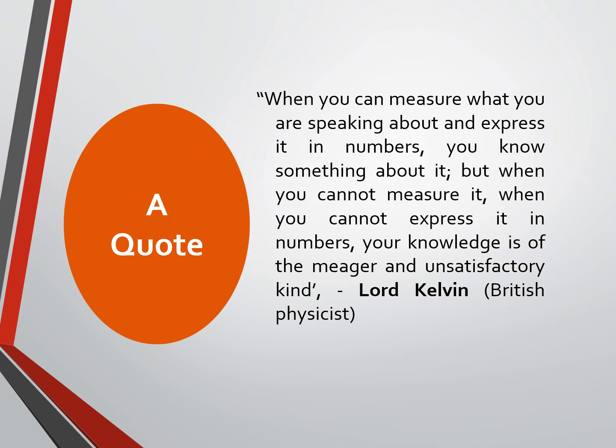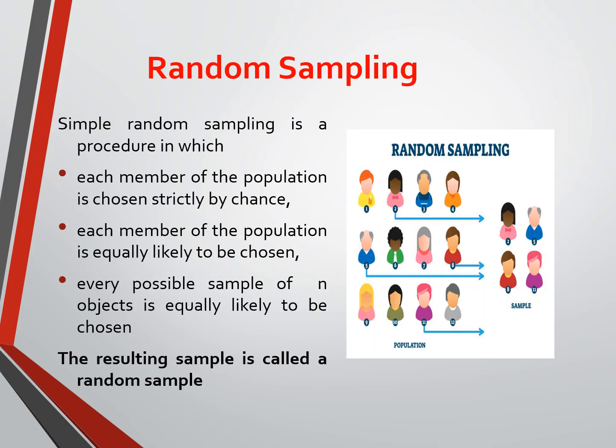He categorically mentioned that whatever hypothesis we develop, it should be measurable, maybe in nominal, ordinal, or ratio scale. If you cannot express it in numbers, your knowledge is of a meager and unsatisfactory kind.